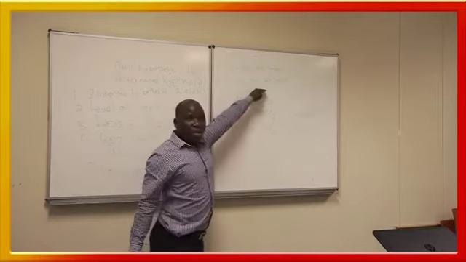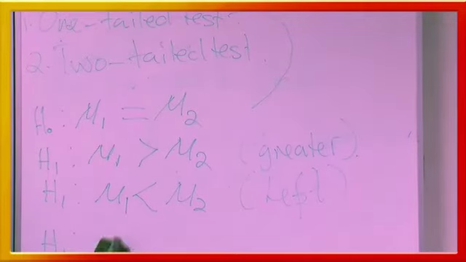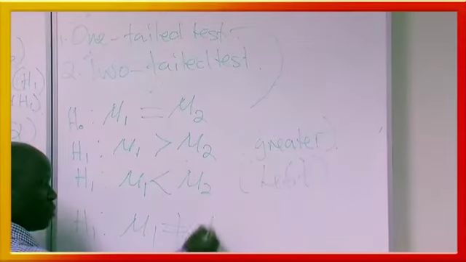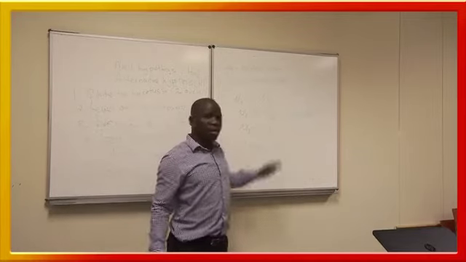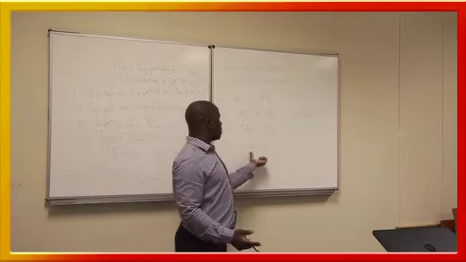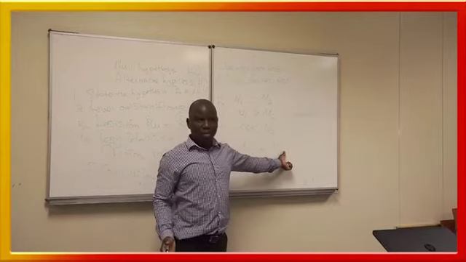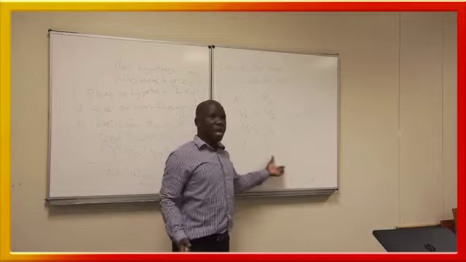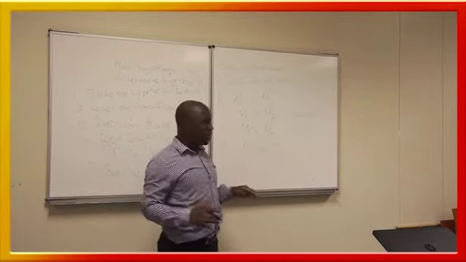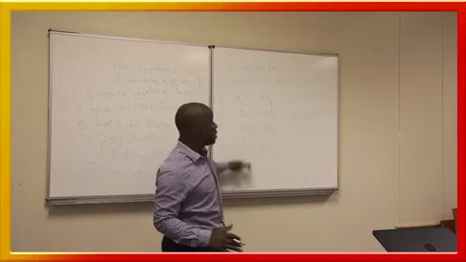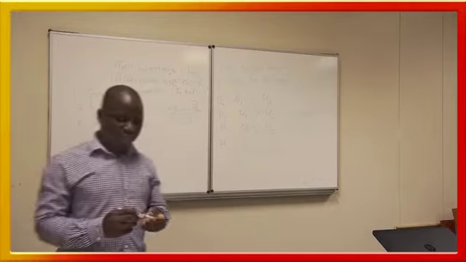Now, if it's two-tailed, our H1 should read mu1 is not equal to mu2. By saying mu1 is not equal to mu2, we are not claiming that the average performance of students from UNAM is better than students from the other university, neither are we saying it's worse. We are just saying the two are not equal. So this gives us a two-tailed test.